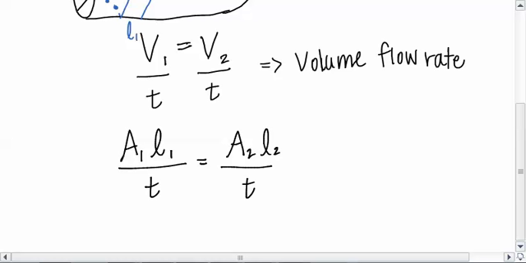And if you had to find the area, this is the cross-sectional area, so it was pi r squared. Or if it were a cubic shape, it would be side squared, or if it was a rectangle, it would be length times width, whatever you need to do to get to the area of that cross-sectional area.